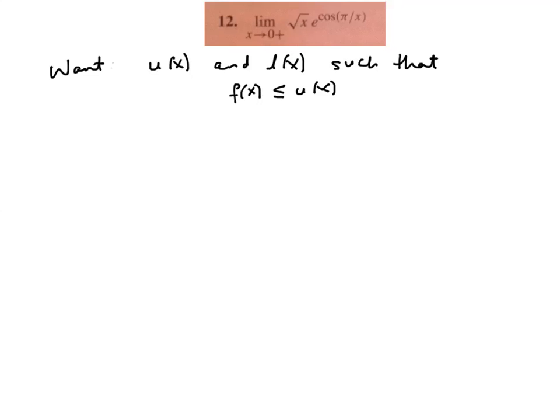So we want u of x and L of x, an upper and lower function, such that this function, I'll call it f of x, should be less than or equal to u of x and greater than or equal to L of x.